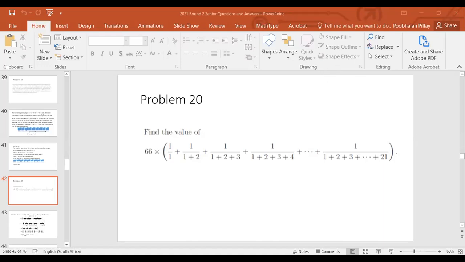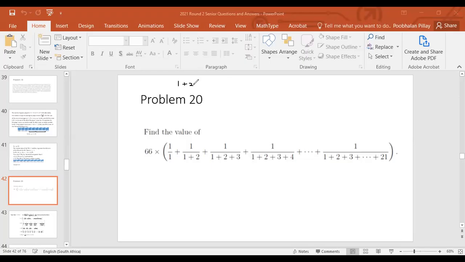And the denominators are all sums from 1 to n, where n ranges from 1, 2, 3, 4 up to 21. For each of those denominators, we already have a way of calculating those formulas. So let's recall these two important formulae.